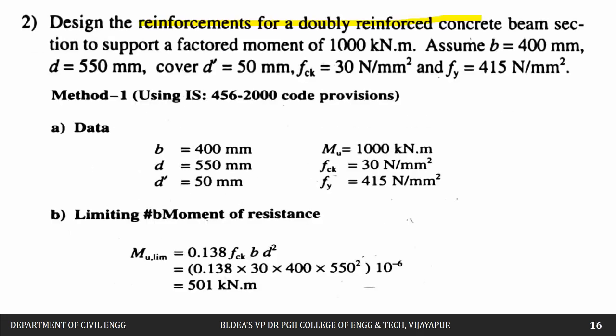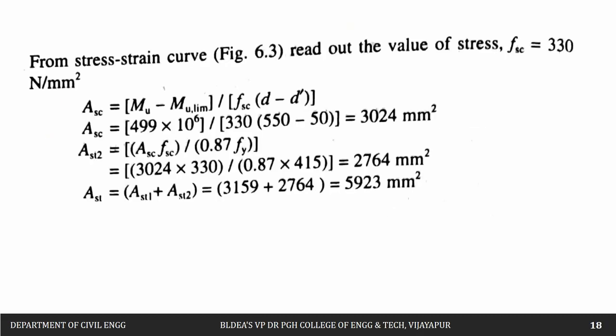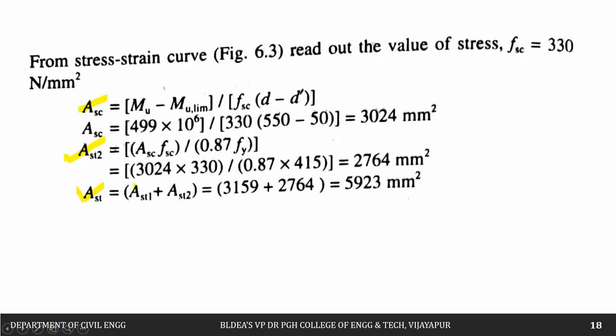Now the moment given to us is 1000 kilonewton meter. For that moment we have to calculate the reinforcement. Do the same thing we have just done and you will get the answer. We have to calculate ASC, AST2, AST1 and AST. That has to be substituted and we can get the solution.